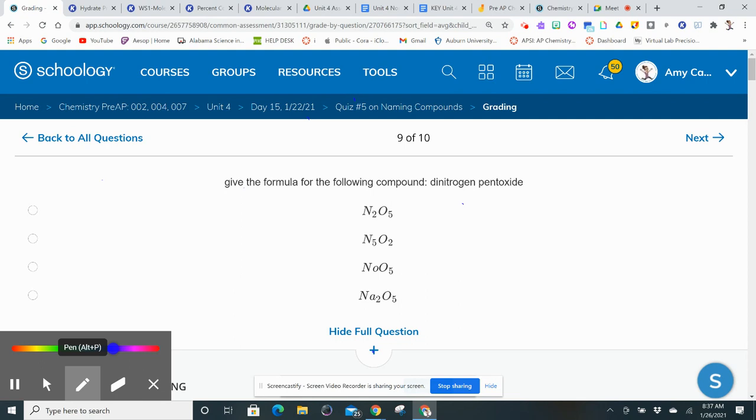So that'll let you know it's covalent, and that makes it easier. With covalent, you don't have to worry about balancing charges. You just write however many the prefix is, that's how many is there. So we have dinitrogen pentoxide. Neither one of those are metals, so that's a covalent compound. So that means I have 2 nitrogens and I have 5 oxygens. So it's that one.